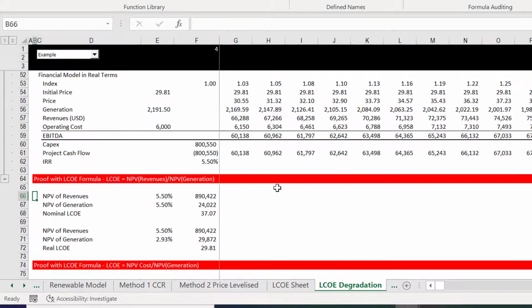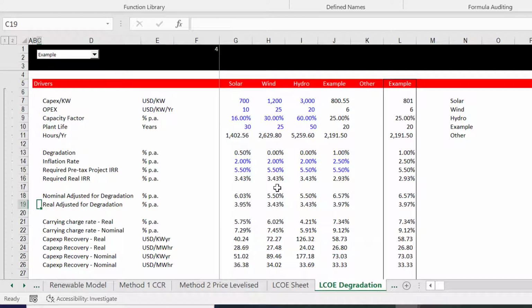So when we put degradation in here, I adjusted the degradation and divided it by 1 minus the degradation rate. I adjusted the real and nominal discount factors, both of them.